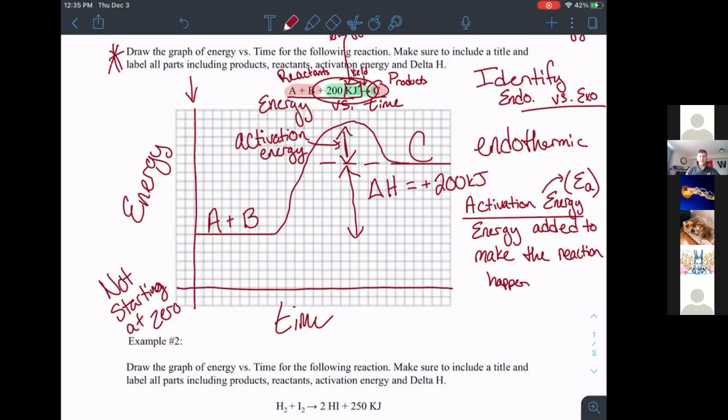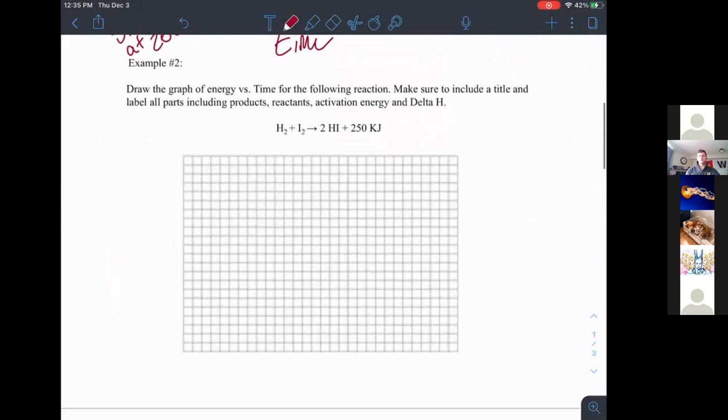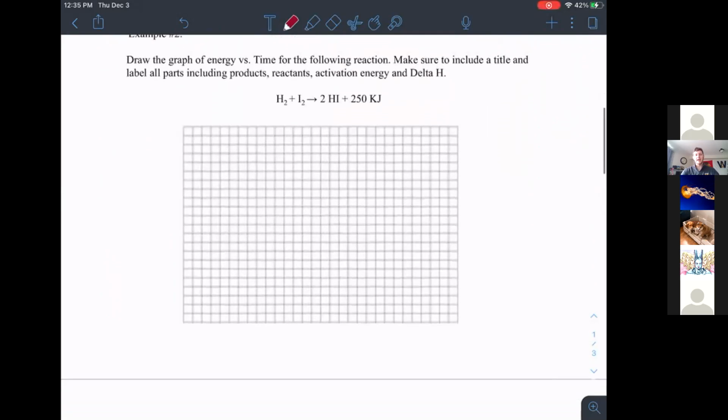All right, you have example number 2, and I want you guys to try this one on your own. I'll give you 4 or 5 minutes to try graphing all of it, adding in the labels, adding in the reactants and the products, determining all that information. But I do want to go over together, is this an endothermic or exothermic reaction?